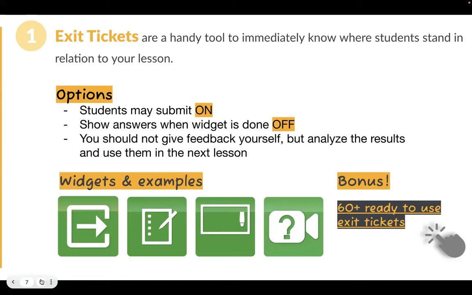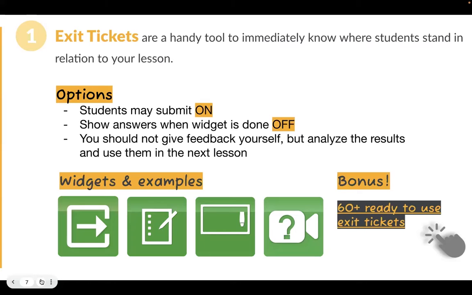Now in BookWidgets, some of the options that you're going to want to enable or disable include: you want to have students may submit turned on, because that's how you're going to collect that data and see their performance. You want to turn off showing answers when the widget is done, because you don't necessarily want them to turn and share the work and reveal answers to their classmates.